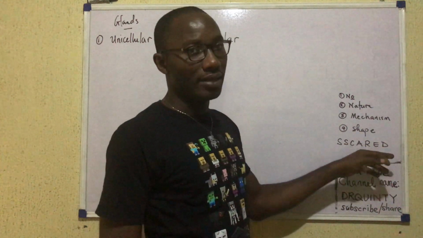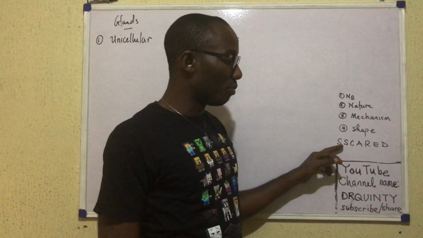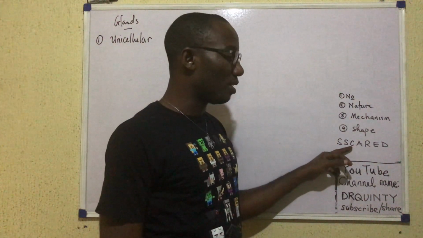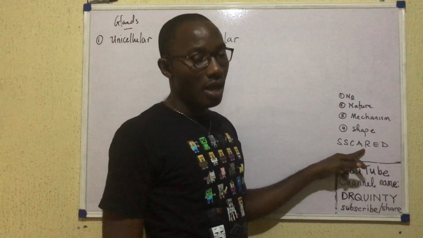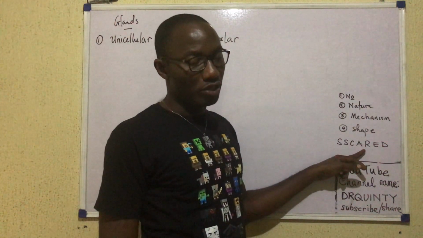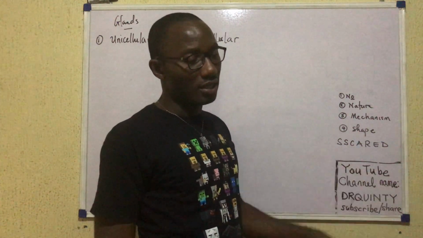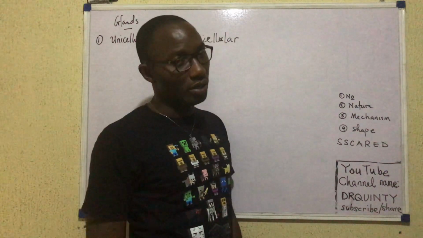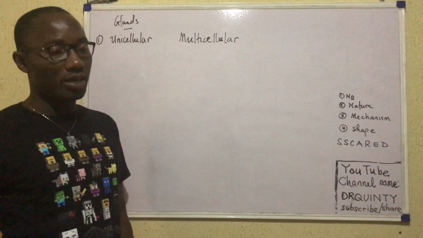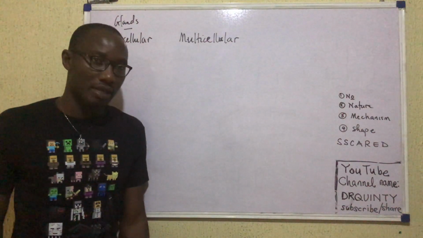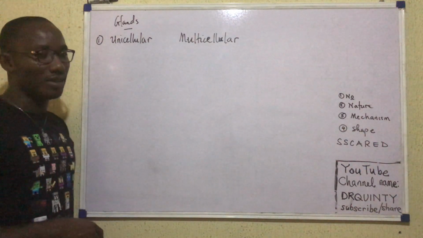S-C-A-R-E-D, where the first S means sensation, the other S means secretion, C means cleaning, A is for absorption, R is reduction of friction, E is excretion, and D stands for diffusion. So those are functions of epithelial tissues. Just in case you find that in the exam, remember to eliminate the one that is not on this list.